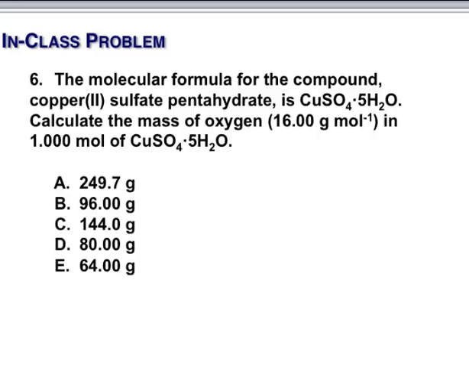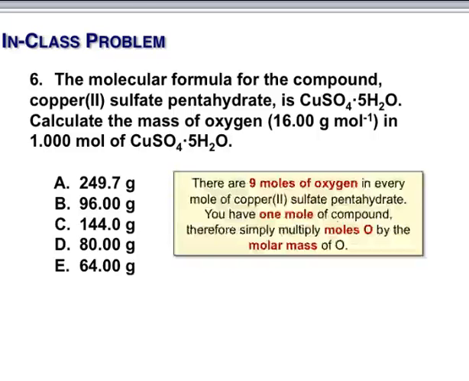We know that 1 mole of oxygen is going to be 16 grams, isn't it? And so we have to do the ratio between how many oxygens. Exactly, that's the only question. How many oxygens are there in this? Oh, 9. 9, that's what I get. 9 moles of oxygen.